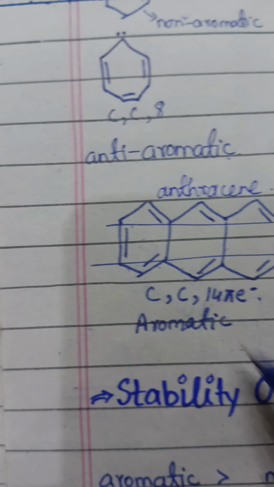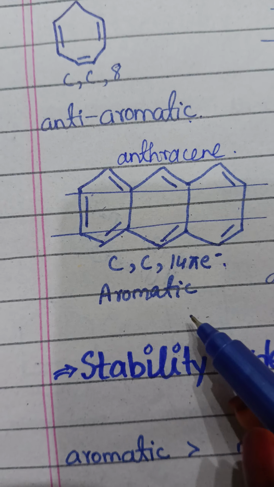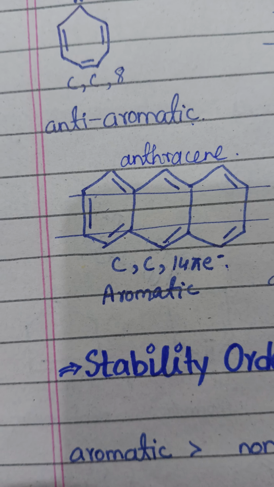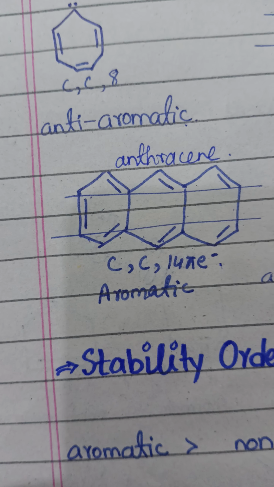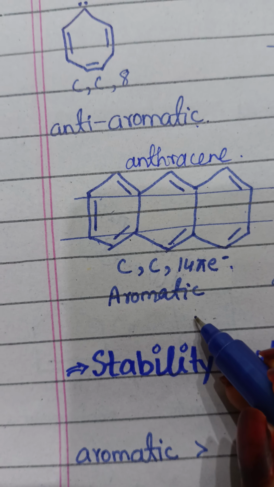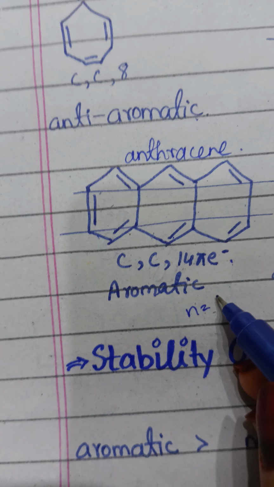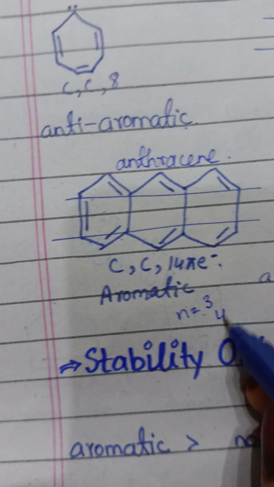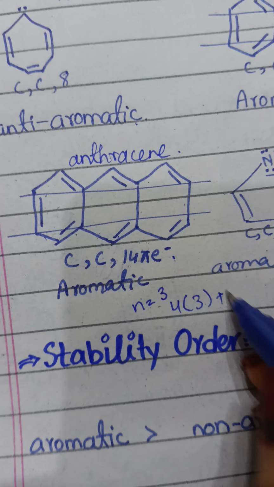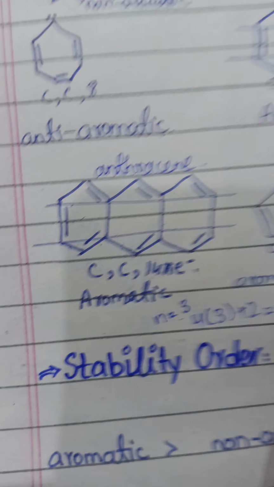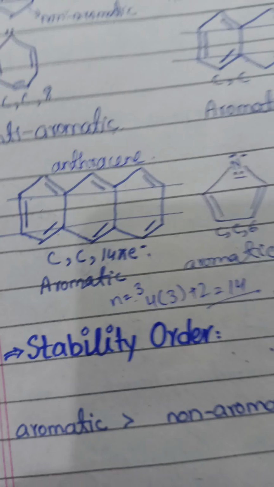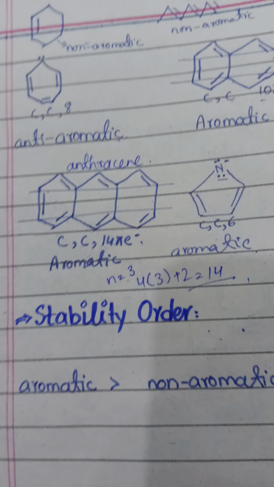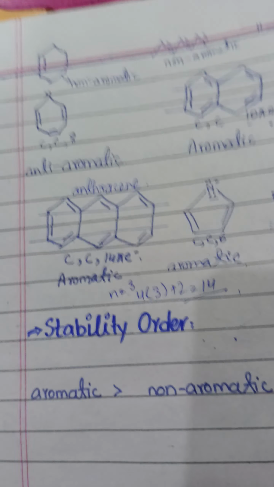So for a compound with 14, n is equal to 3, then 4 times 3 plus 2 gives 14. So in this way we consider that 14 is an aromatic compound.